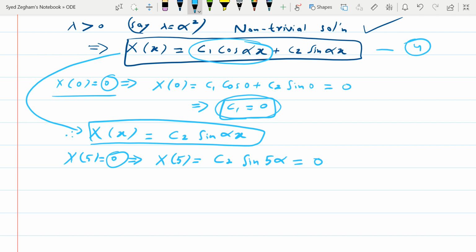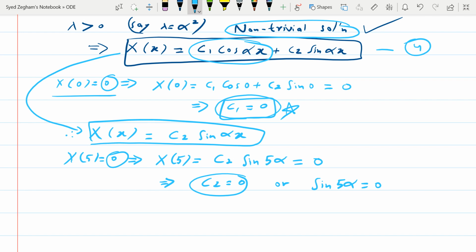Now, this leads to two options. First option can be that C2 is 0. Second option can be that sine 5 alpha is equal to 0. Is the first possible? No. Why not? Because we are talking about a non-trivial solution, which should be a non-zero solution. C1 you have already got as 0.